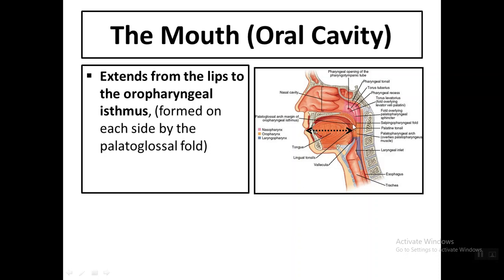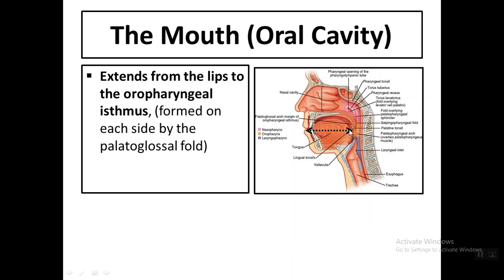Oropharyngeal isthmus. This is formed on each side by the palatoglossal fold. إذا تذكرون من المحاضرة السابقة, there are two folds. The anterior one is the palatoglossal fold and the posterior one is the palatopharyngeal fold that surround the palatine tonsils.